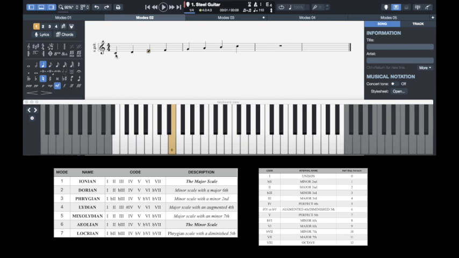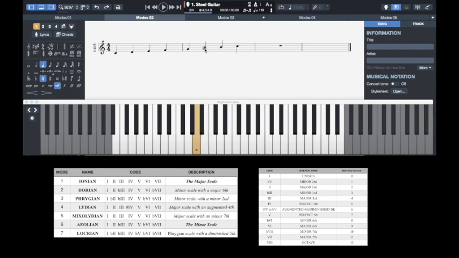And we can then go on to the fourth, fifth, sixth, and seventh step, and we will get new scales. On the fourth step, you will get the Lydian scale. On the fifth step, you will get the Mixolydian scale. On the sixth step, you will get the Aeolian mode. And on the seventh step, you will get a scale that we haven't discussed. It's called the Locrian mode, which by all means is one of the modes.